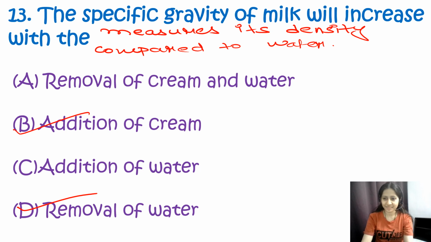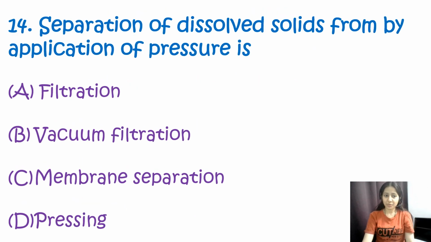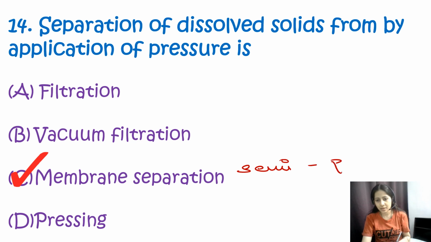Next. Question number 14. Separation of dissolved solids by the application of pressure is, the options are filtration, vacuum filtration, membrane separation, or pressing. So over here my correct option is C, that is membrane separation. In membrane separation, this technique involves the usage of a semi-permeable membrane.